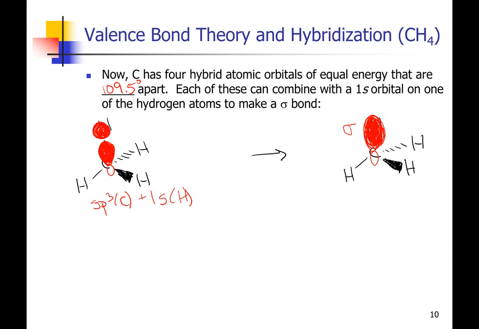This happens 3 more times, 1 for each bond, 1 using each sp3 hybridized atomic orbital. So my overall picture is going to have another sigma bond on this CH interaction, and another sigma bond on this CH interaction, and one last sigma bond pointing on this CH bond back here.